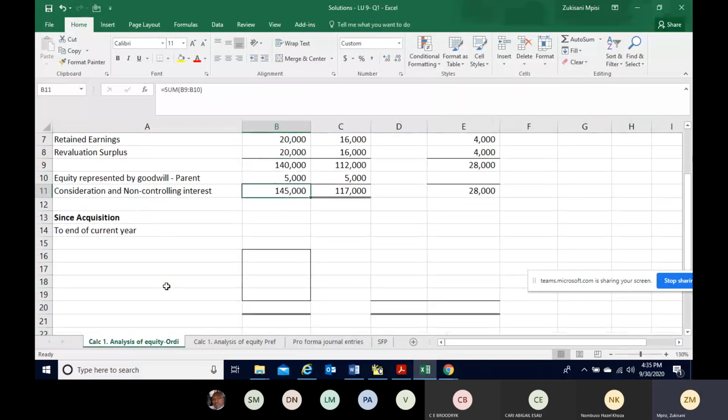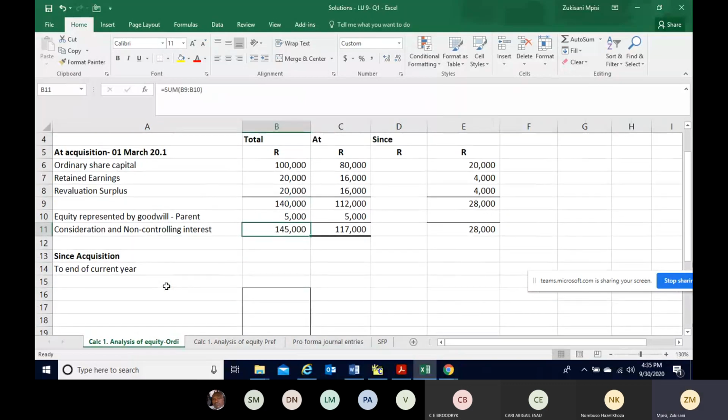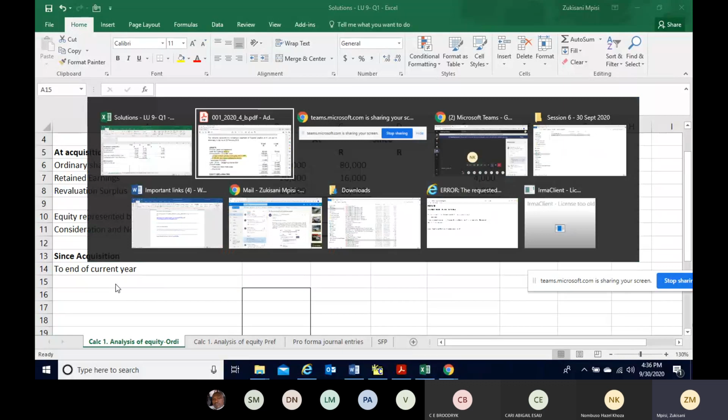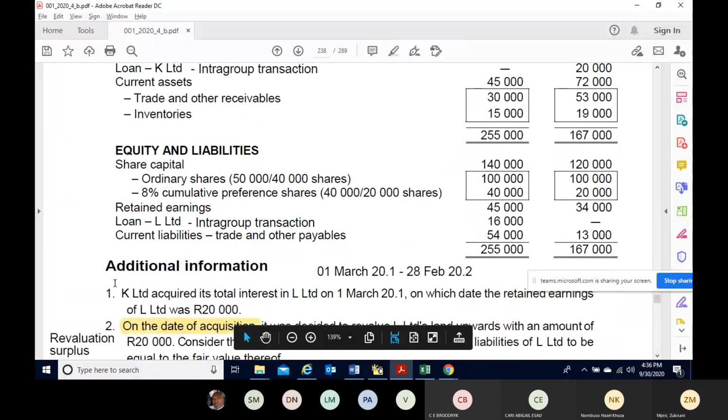Right, let us continue with our analysis of equity. As we are proceeding with it, we are looking now at the current year, since acquisition to the end of the current year, how are things looking? So let us see what we've been given. We've been given nothing related to the statement of profit or loss and other comprehensive income.